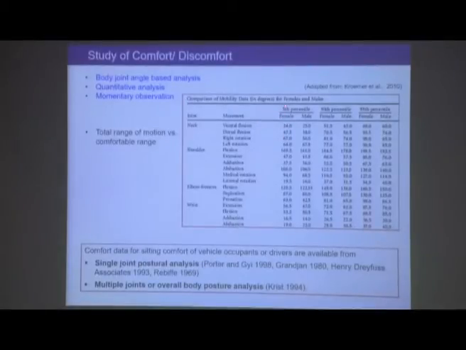Based on that data we can calculate the 5th percentile, 50th percentile, 95th percentile. So for a particular target population, we can collect range of motion data for any particular body joint. After collecting the data, for both male and female, we can calculate different percentile values.